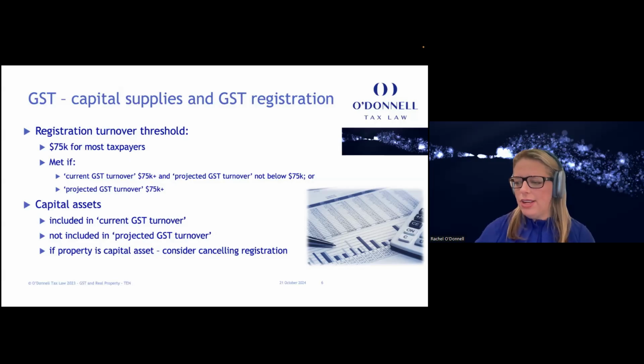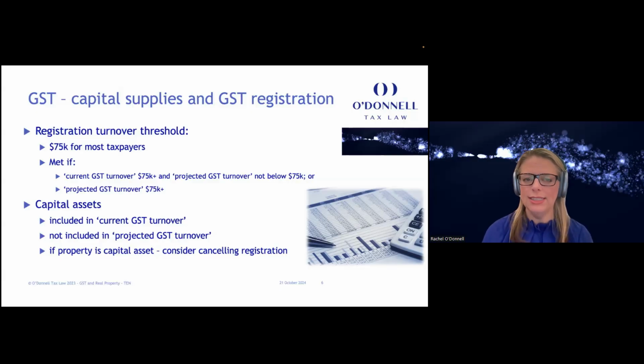Projected GST turnover is incredibly important in the context of capital assets. So capital assets and supplies that are made solely as a consequence of ceasing to carry on an enterprise, or to substantially and permanently reduce the size or scale of an enterprise.